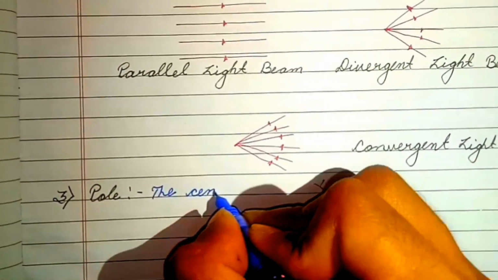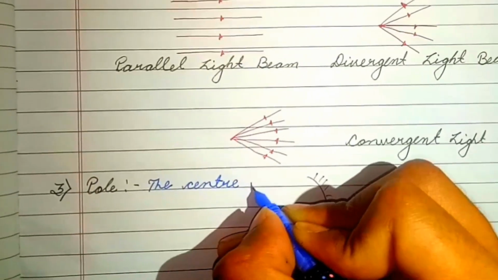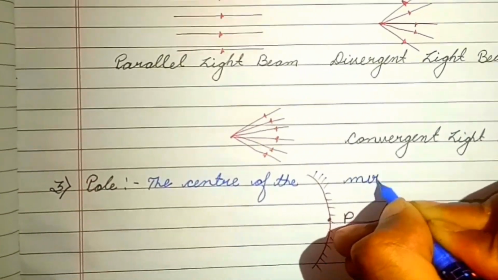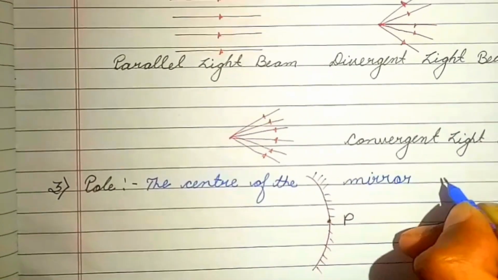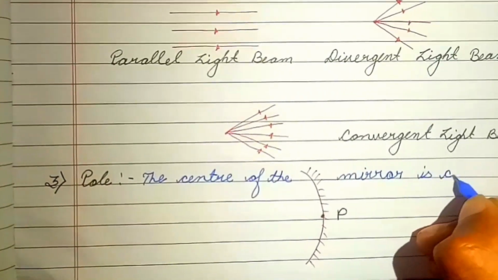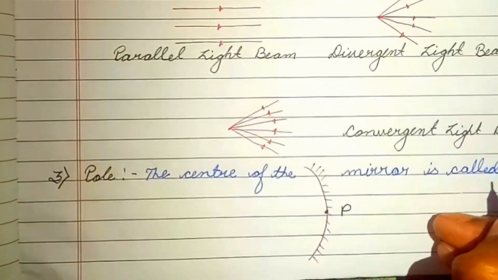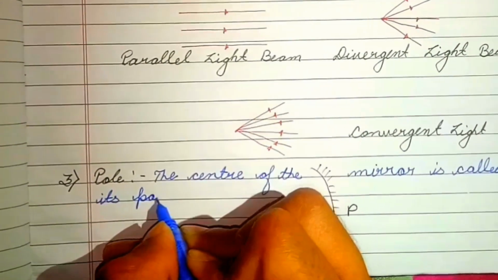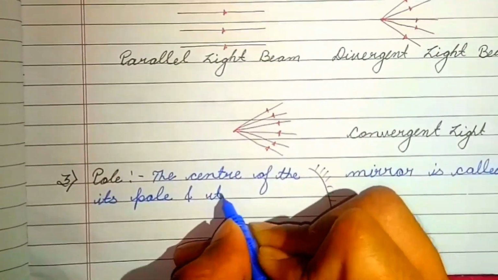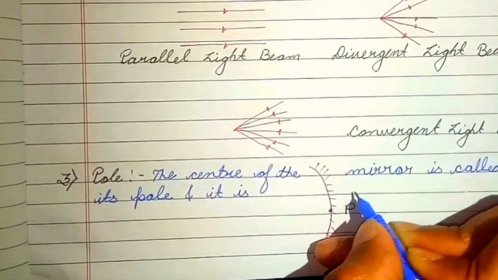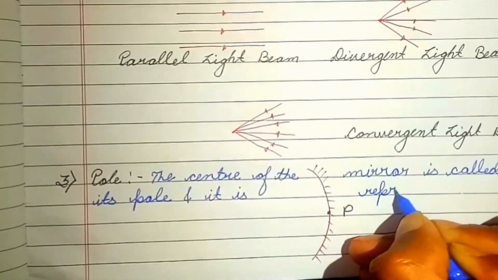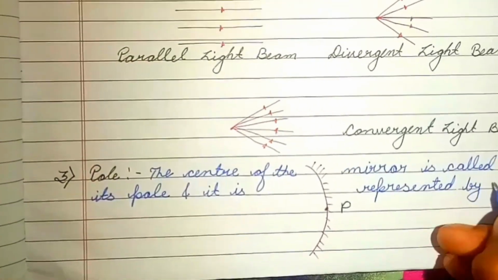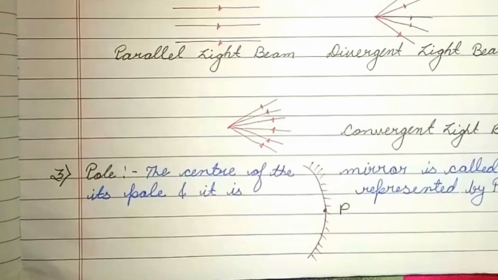The center of the mirror is called its pole, and it is represented by capital P. Okay, students.